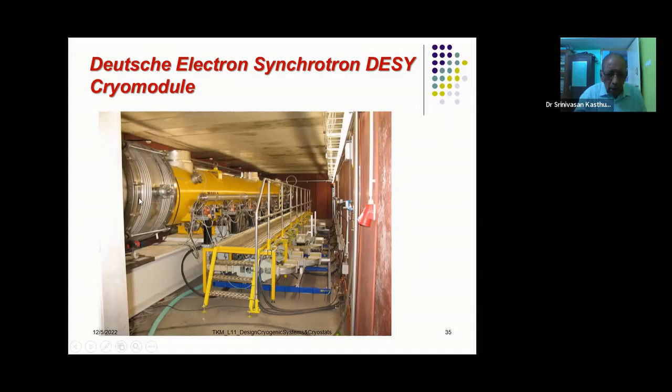A large number of cryostats are assembled together, one over the other, and this is one section of this cryo module. So when the systems are this big, you need to provide an appropriate vacuum pump for the evacuation of the vacuum jacket, etc.